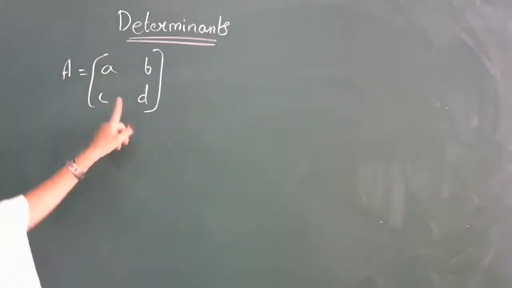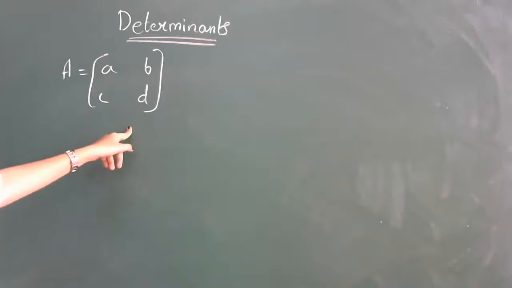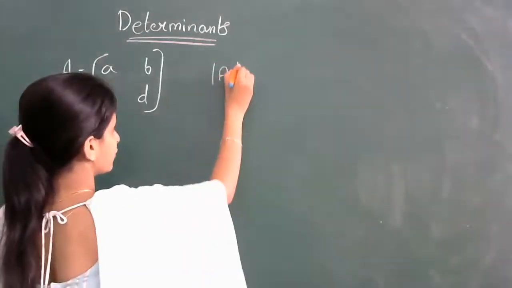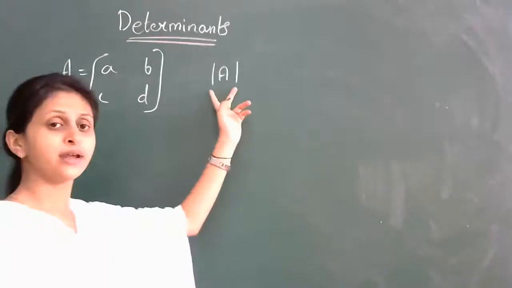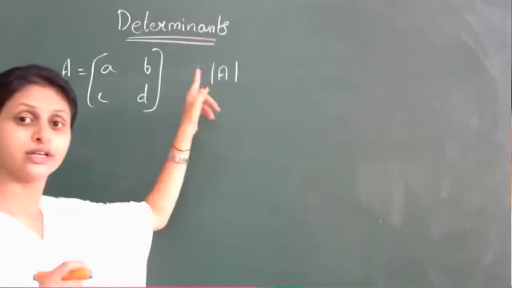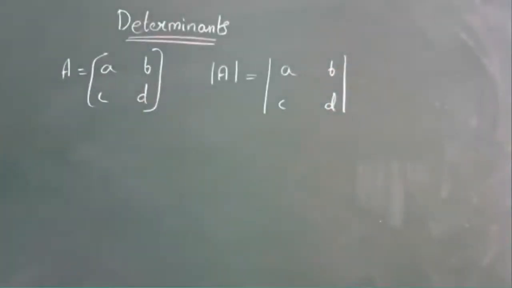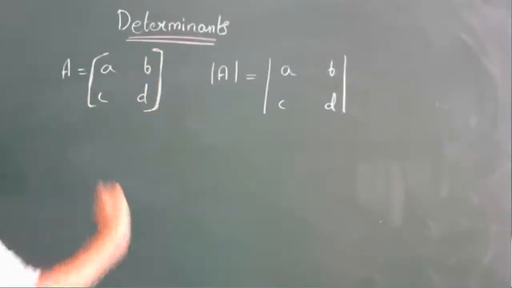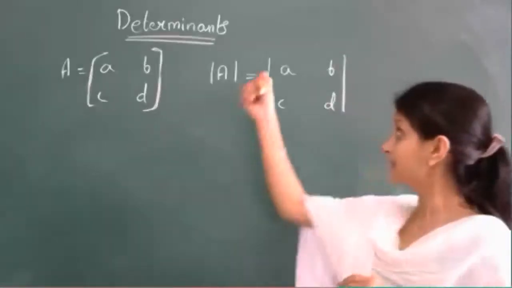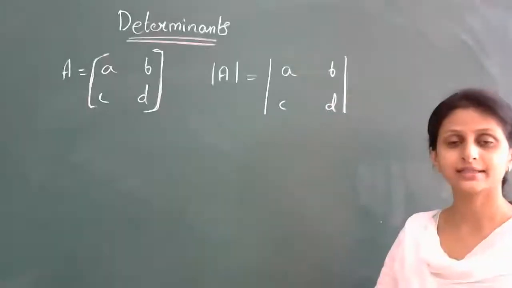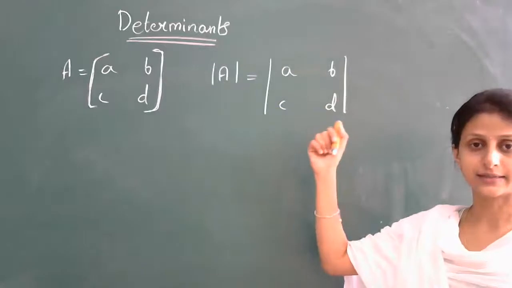We denote it by determinant of A, written between two straight lines: determinant of A equals |a b; c d|. Here you can observe, students, that the elements of matrices are written in square brackets, but a determinant is written between two straight lines.